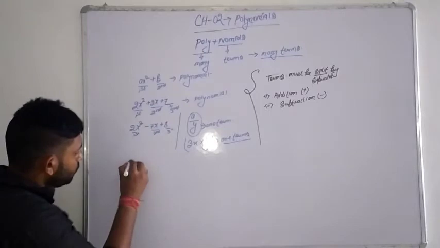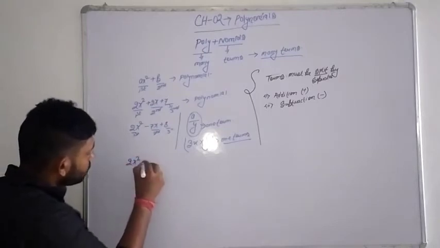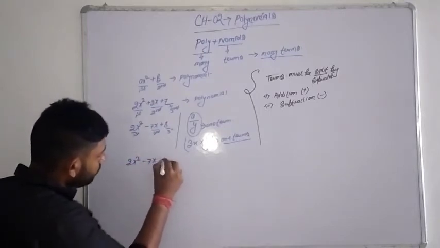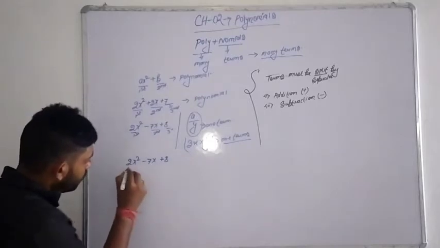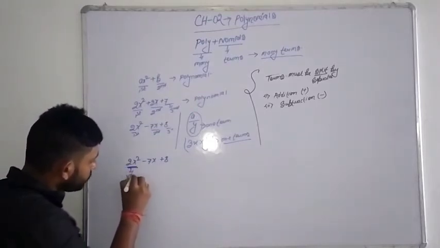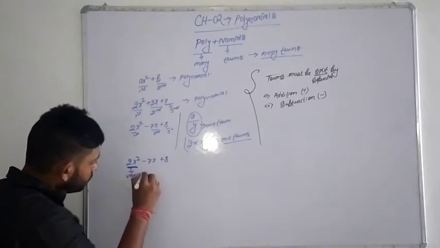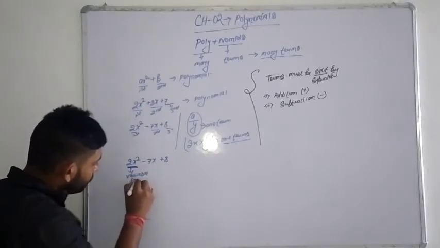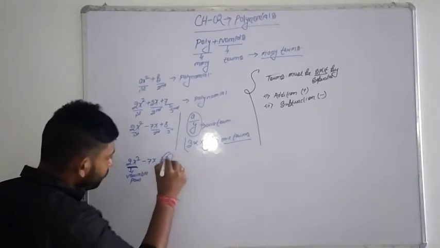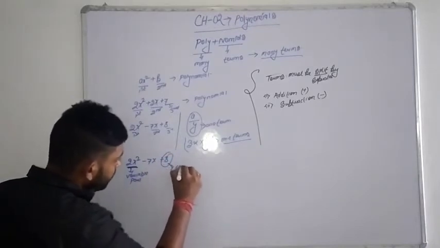Now, here, first of all, 2x square minus 7x plus 8. Here, this is the variable part and this term is the constant part.